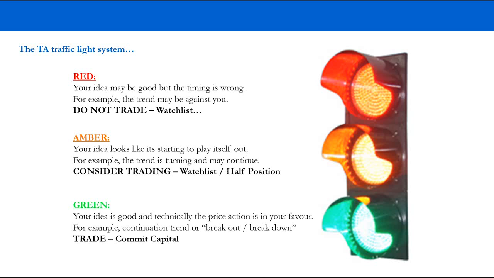So, for example, let's say you have a fundamental predisposition that you want to be short Aussie dollar, US dollar, as we have in our example running through the video series. And when you pull up the chart, you realize that your idea, although you think it's good, the timing is probably wrong. So, for example, the trend is looking against you at this moment in time.